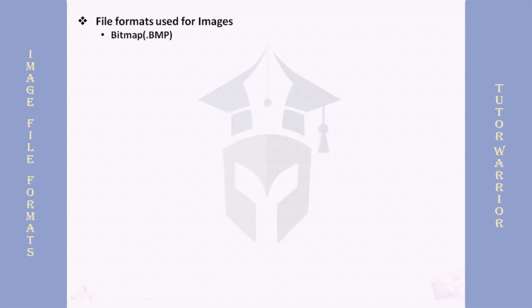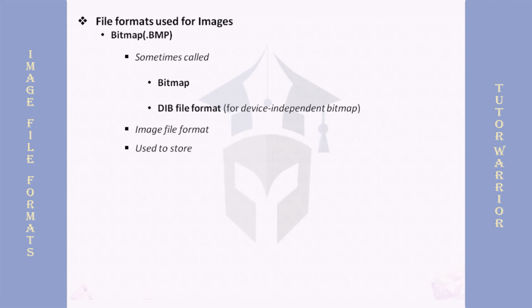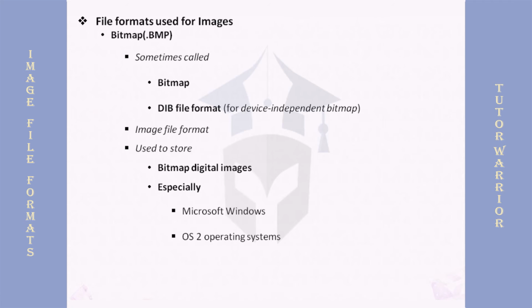Bitmap, .bmp. The BMP file format, sometimes called bitmap or DIB file format, for device-independent bitmap, is an image file format used to store bitmap digital images, especially on Microsoft Windows and OS/2 operating systems.